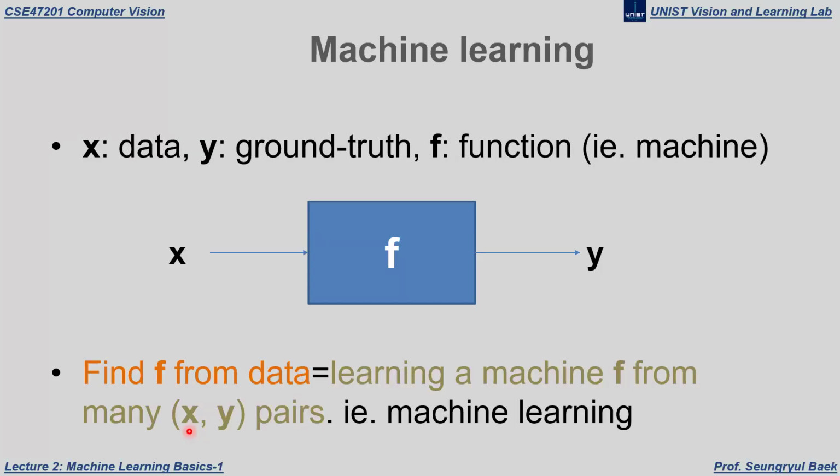During the learning process, the objective is to make the function F output the desired values. We are given many data, so there should be n number of data, right? The input x1 and its corresponding ground truth y1, and also a second data, and a third data, and we have n number of data. So n is a large number.